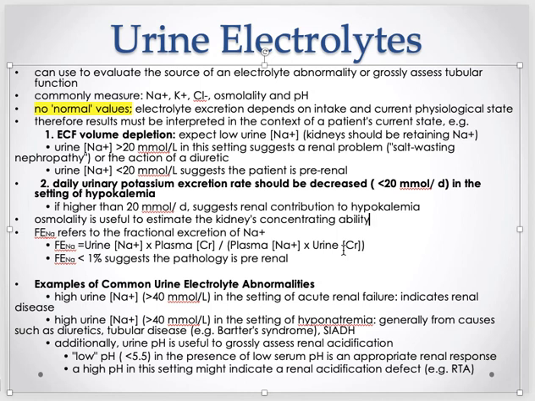There are different tests we can do to check how the kidneys are functioning, to check the clearance of different things. So there are a lot of investigations which we can do to check for renal diseases.